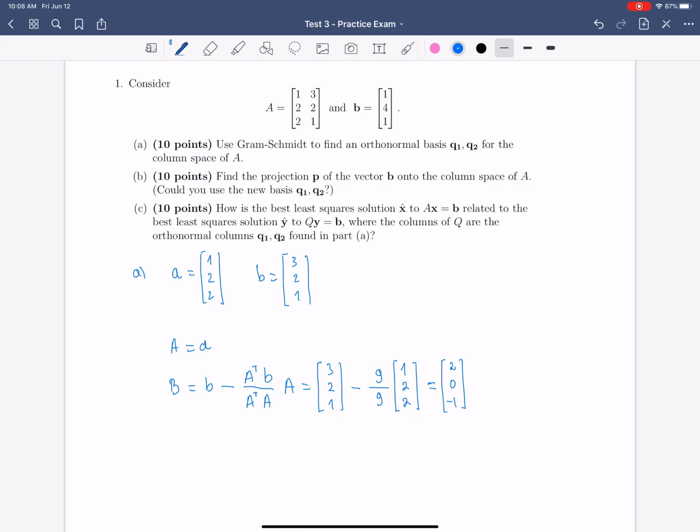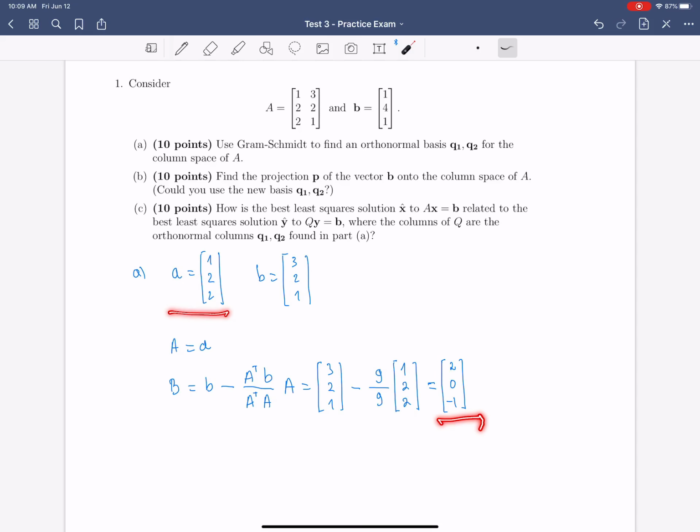Now, how can I check that I haven't made any mistakes? Well, this new vector that I've obtained is a linear combination of this vector and that vector, which means that if I take this vector and this vector, which are obviously linearly independent, I'm going to be spanning the same space. So all I need to do is check whether this vector and this vector are truly orthogonal.